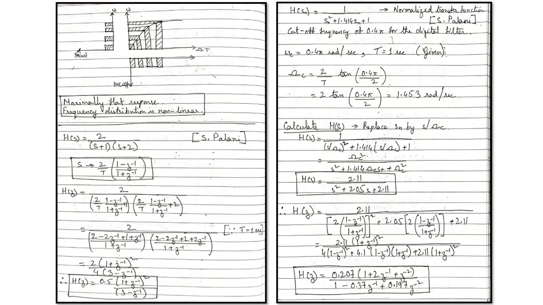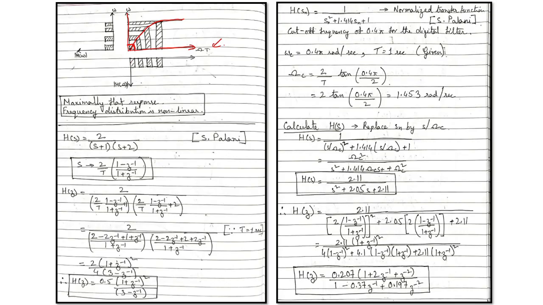Now, what is basically happening over here? If you consider this plot as the main plot, and then we have this relationship like this. Now, if we try to sample the analog frequency, here we are sampling, and correspondingly we are mapping the digital frequency.